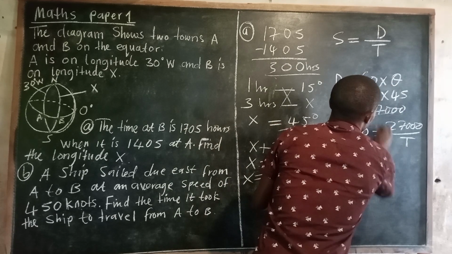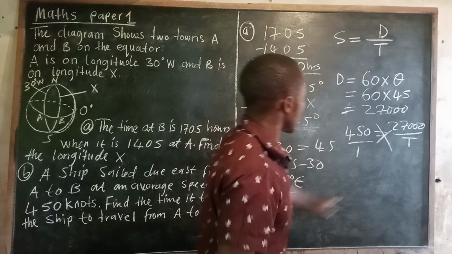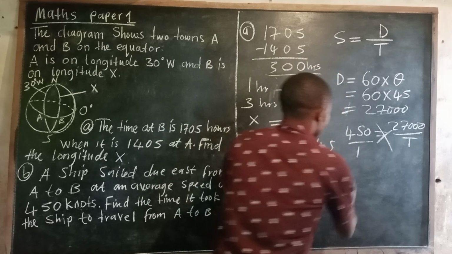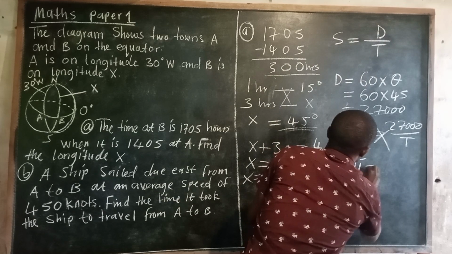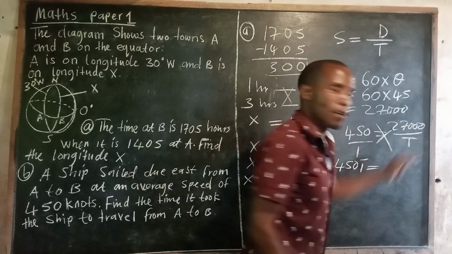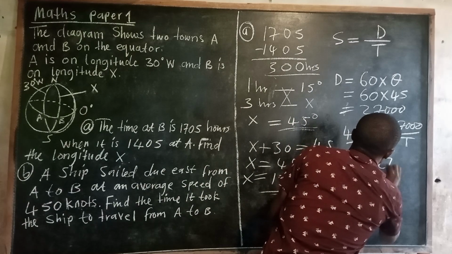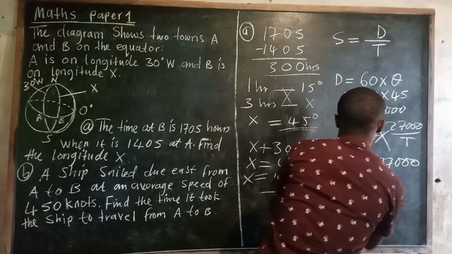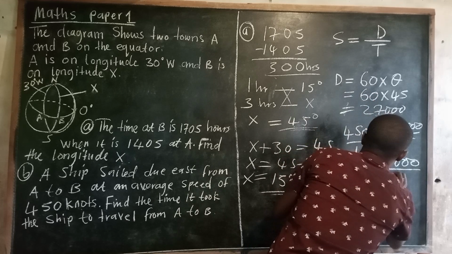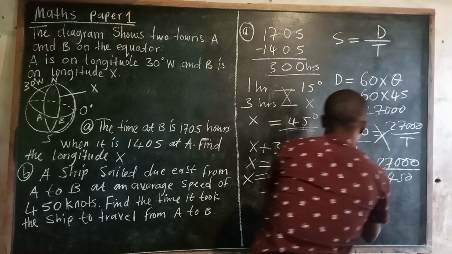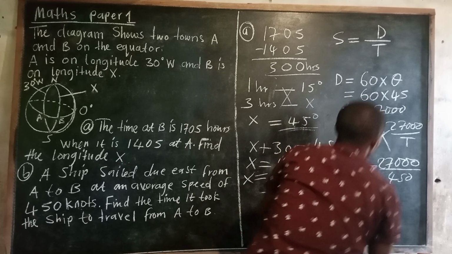Over 1, we cross multiply. Remember the equation? So t times 450, the answer is going to be 450 t equals 1 times 27,000, the answer is going to be 27,000. Then from there, 1 to remain with t there. So both sides. So this will cancel. So time is equals to what?